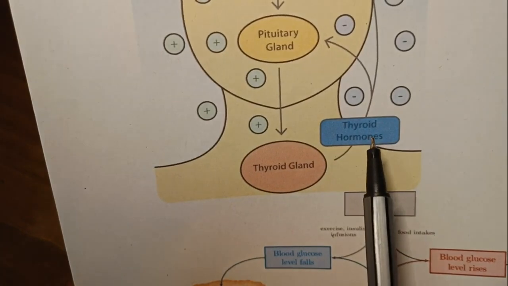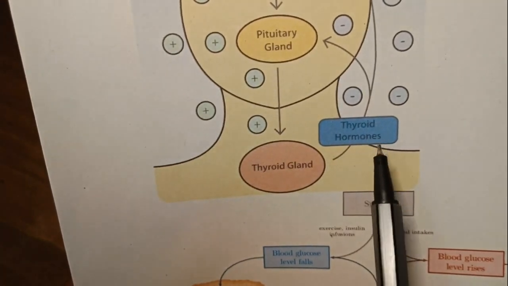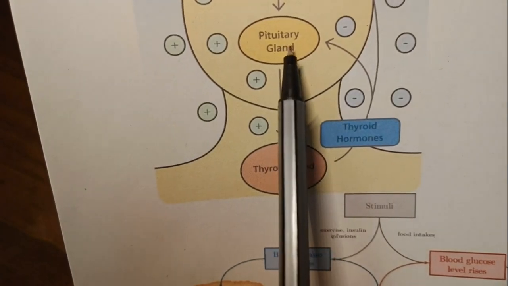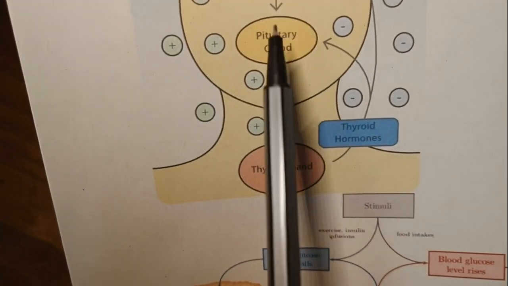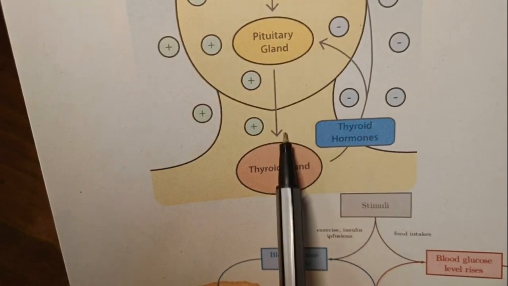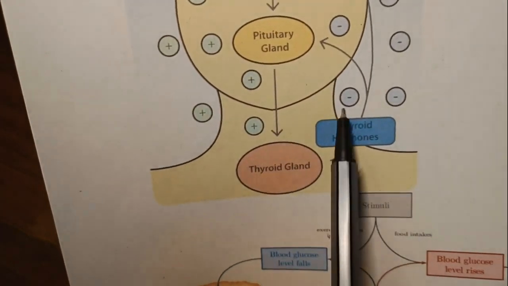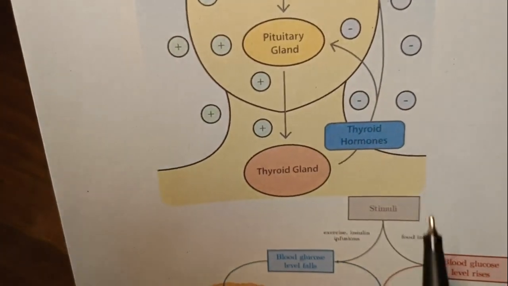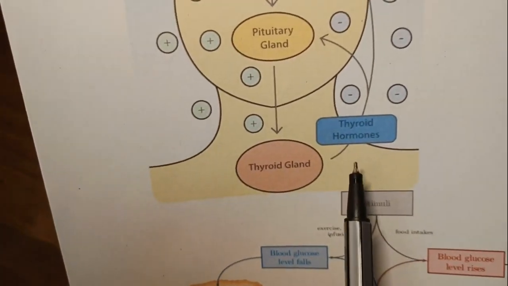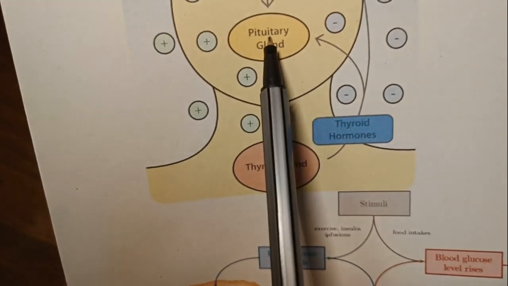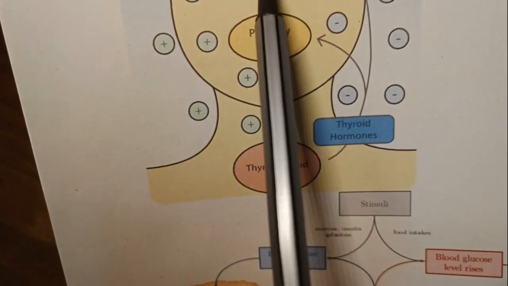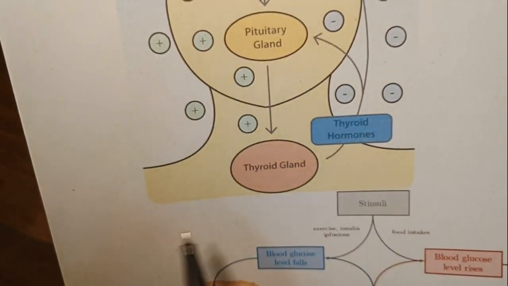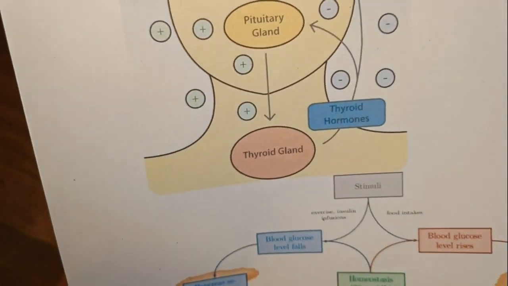If the thyroid hormones increase in quantity, it will stop the pituitary gland and hypothalamus from stimulating the thyroid gland. So it is a negative feedback. Okay, if the thyroid hormones reduce, then that will stimulate the pituitary and hypothalamus to cause increased stimulation of the thyroid gland. So there is a feedback mechanism.